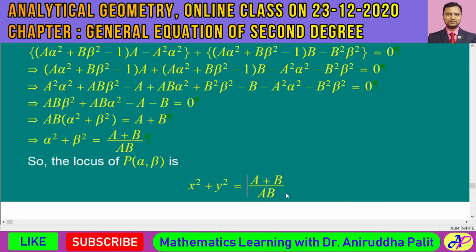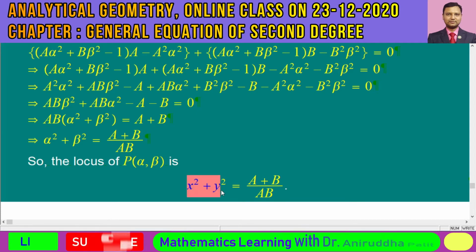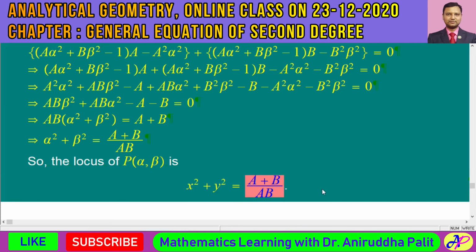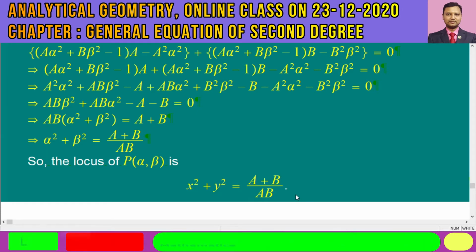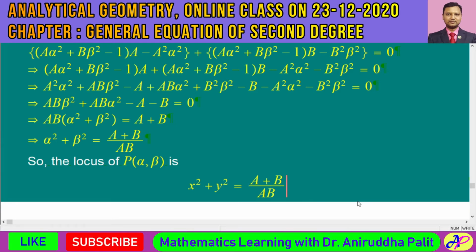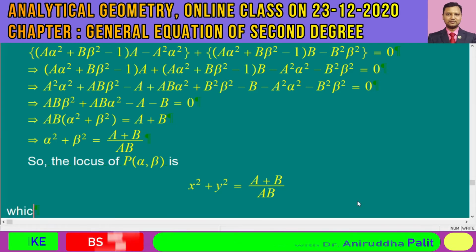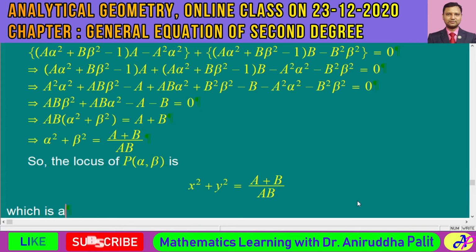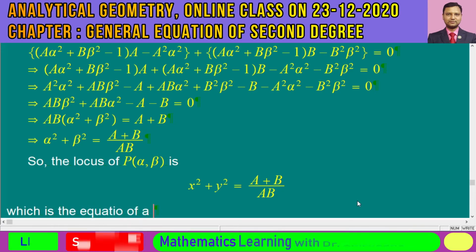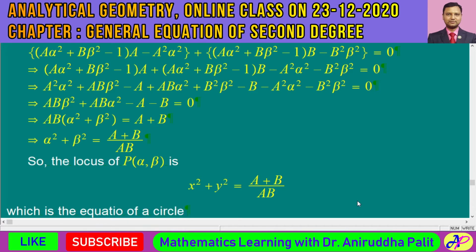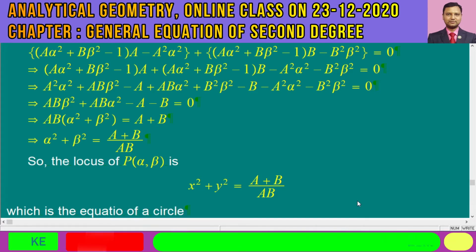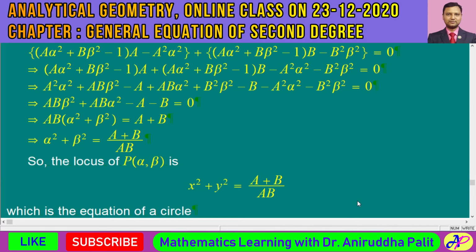This would be the locus of the point P, and you see this is x square plus y square equal to some constant. So that is actually the equation of a circle, and this is called the director circle.